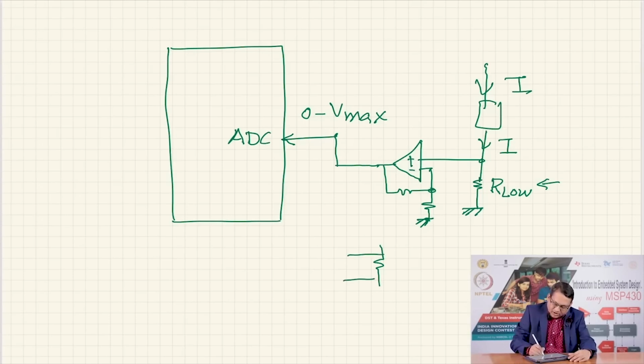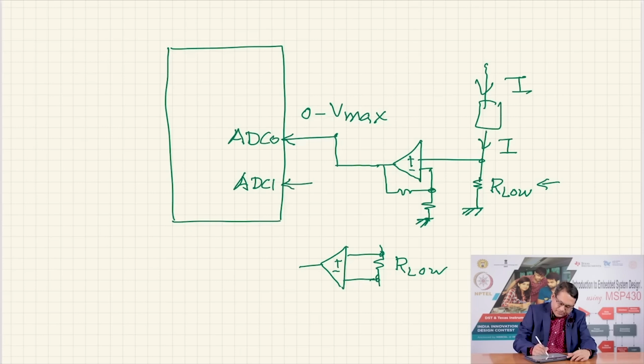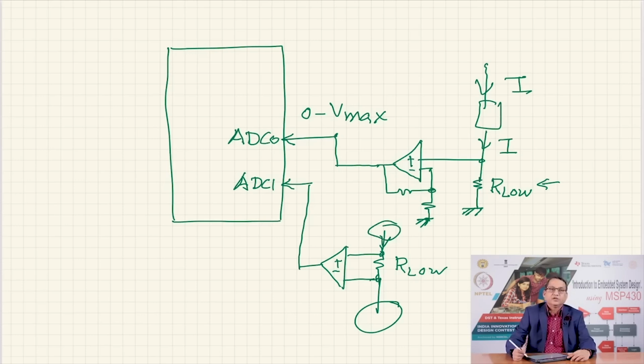It still has to be a very low value, R low, but now instead of a non-inverting amplifier as I have shown in this case, I would need to use a differential amplifier which takes the difference between the two terminals here and then produces a voltage. So I will connect it to another channel, and so whatever current is going through this node need not be grounded, this node need not be grounded, but the current flowing through this low resistance value can be converted through a differential amplifier.